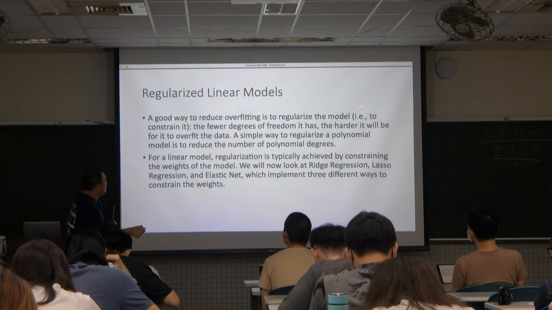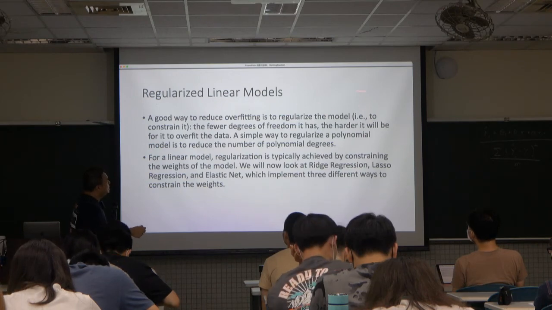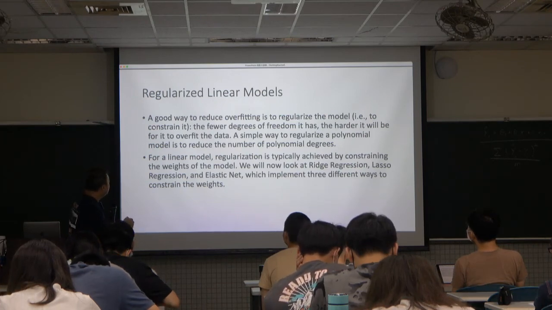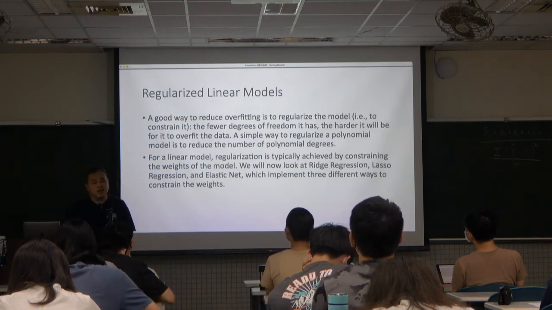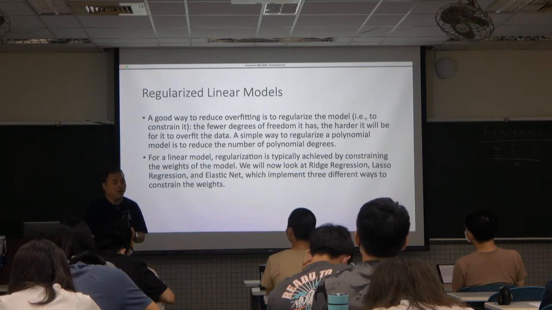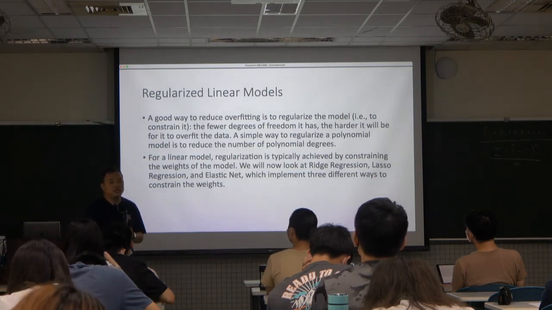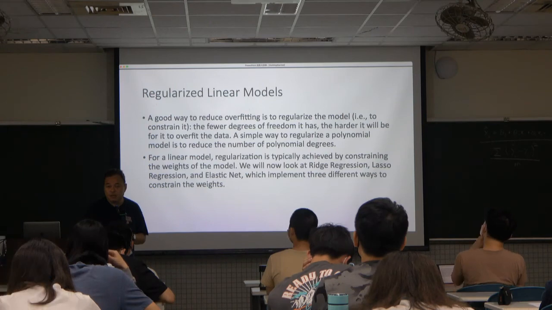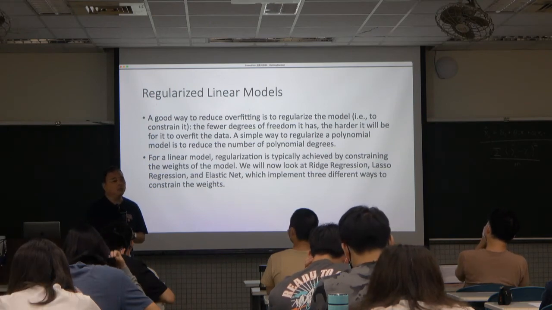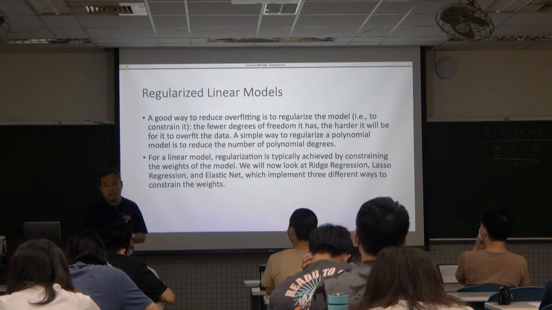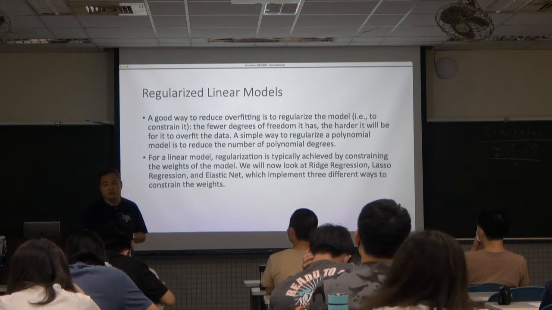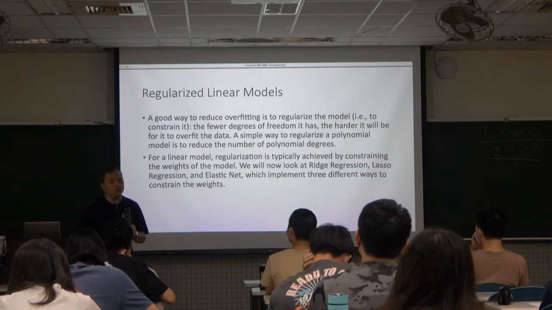What is regularizing the model? Basically it's just to constrain the model. Remember, overfitting is caused by the model having too much freedom, right? So to avoid that, you can put some additional constraint on the model.